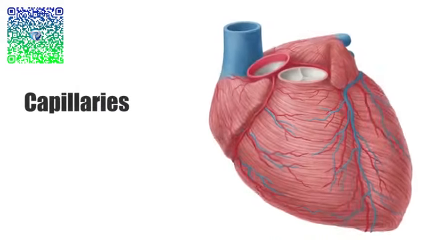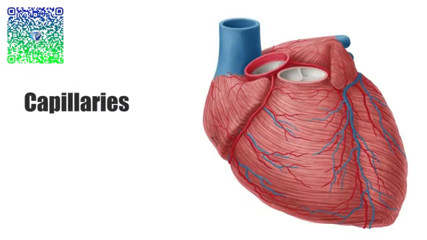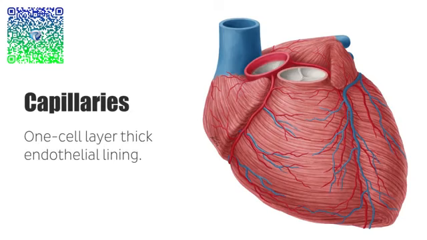Lastly, the capillaries, which are found in the muscles and the lungs, are microscopic, and have a 1-cell layer thick endothelial lining. In other words, the walls of the capillaries have the width of 1 single epithelial cell. They can only tolerate blood under very low pressure, due to the fact that it will move slower and gas exchange has a chance to take place.